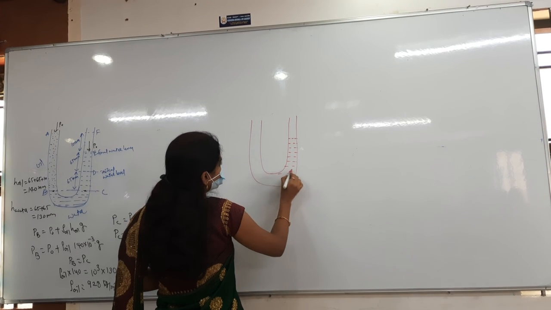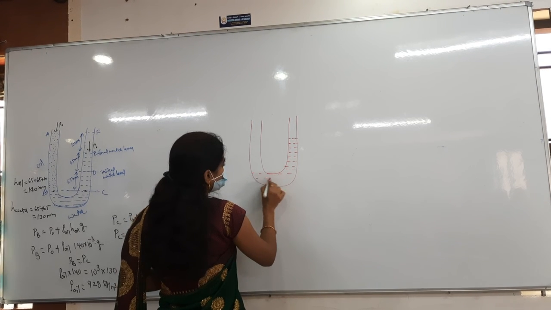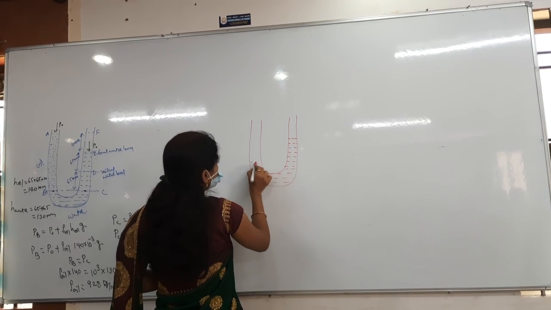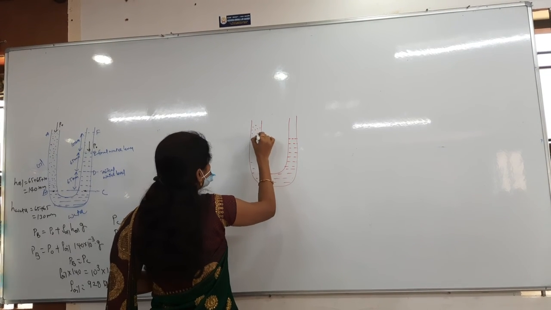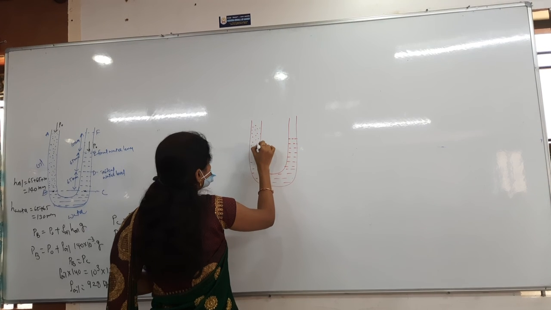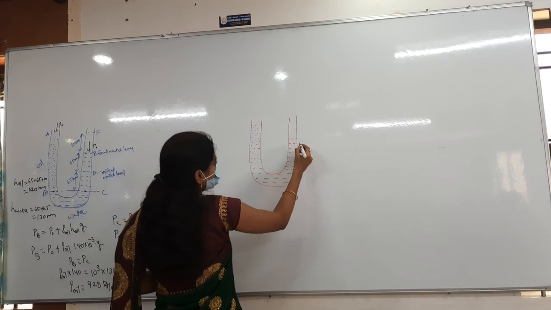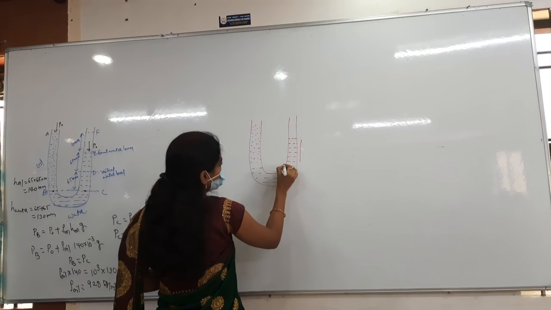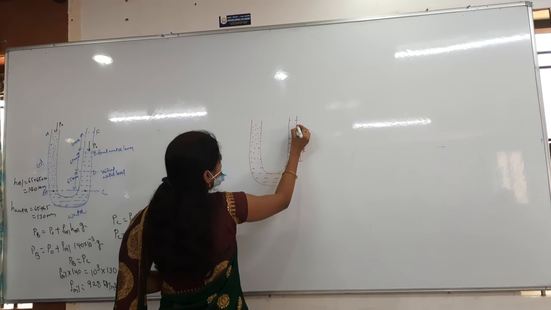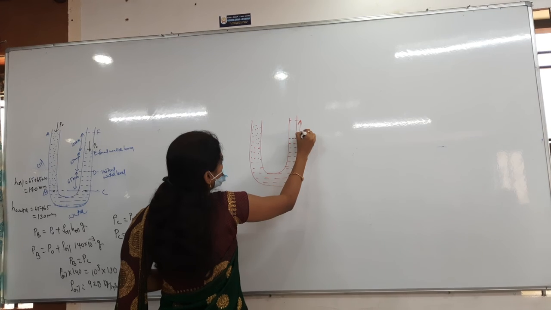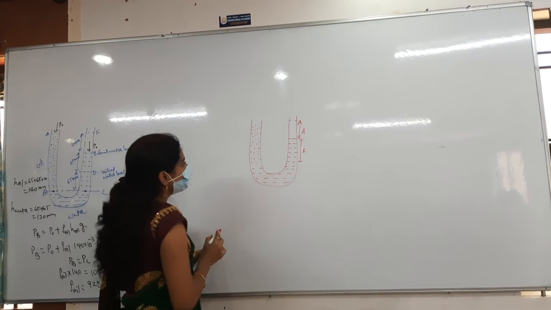Same problem again, nothing new is there. L is 135, then D is equal to 15. Find out the density of oil.